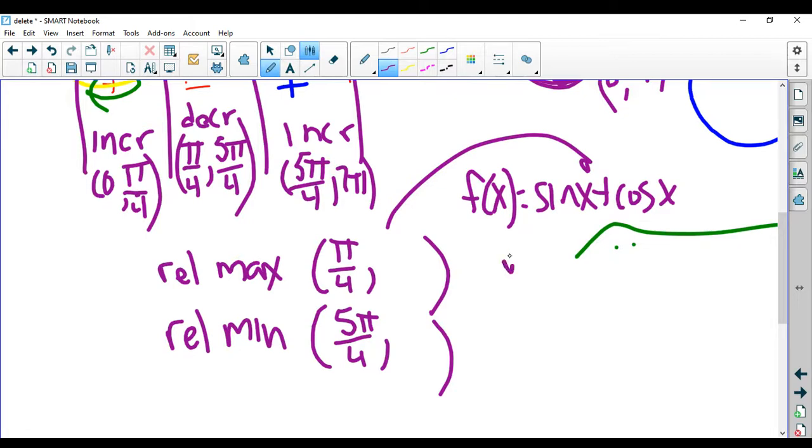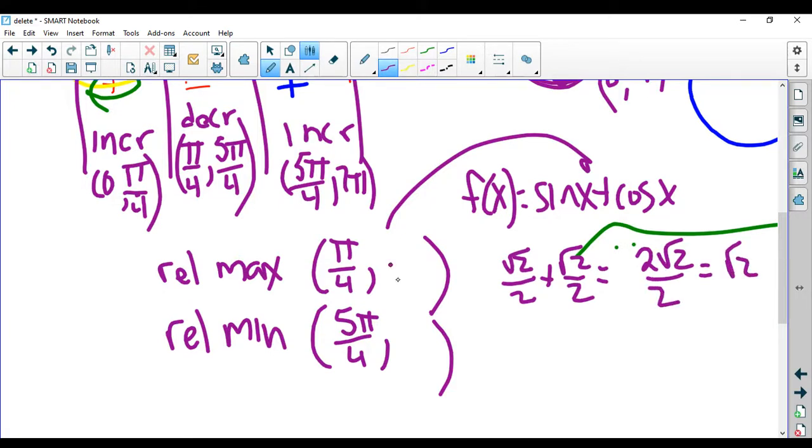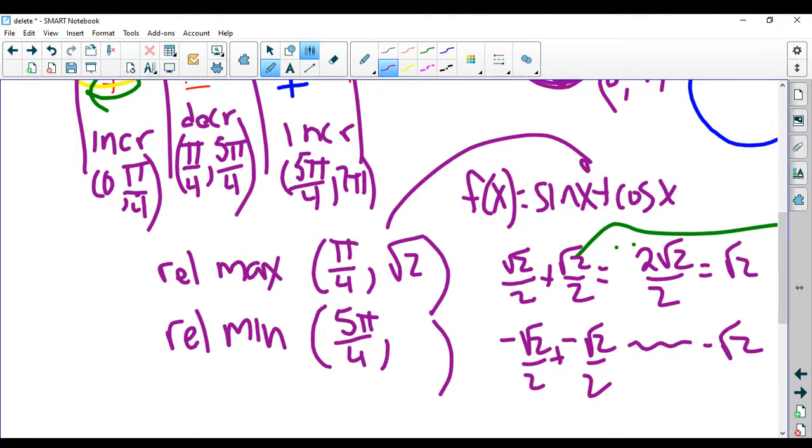So you'll get root 2 over 2 plus root 2 over 2, which is 2 root 2 over 2, which is root 2. And if you plug in 5 pi over 4, you'll get negative root 2 over 2 plus negative root 2 over 2, which is the same, except you'll get negative root 2. You can use your calculator to check those. That's it.